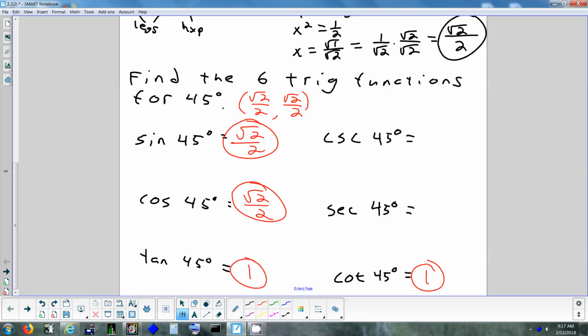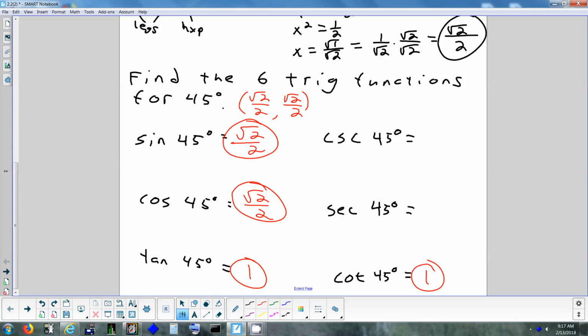All right, so cosecant and secant, once we get one of them, we're automatically going to know the other one. How come? Because sine and cosine are the same. So this should be pretty quick from here. Emma, what's my first step to find the cosecant?